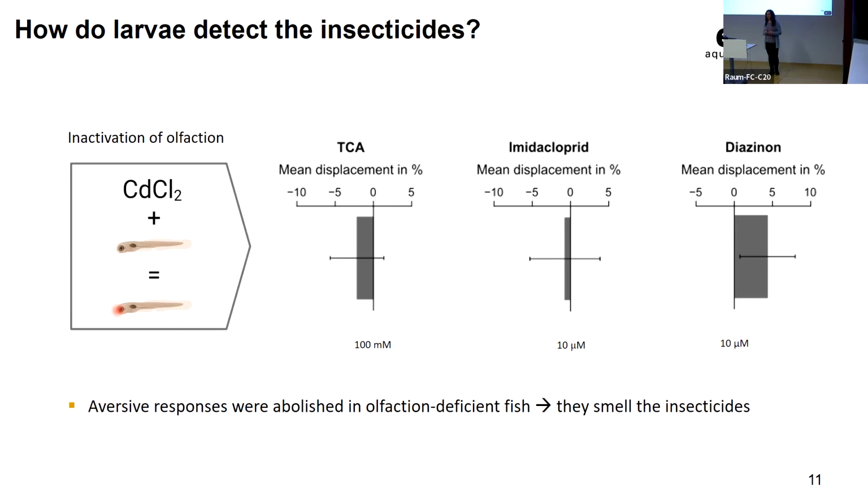We inactivated their olfactory sensory neurons by exposing the fish to a low cadmium chloride concentration, which disrupts the olfaction but does not change the locomotor behavior. And in these olfaction deficient larvae, the aversive responses that we observed before were abolished. So this means that the larvae can actually smell these two insecticides.